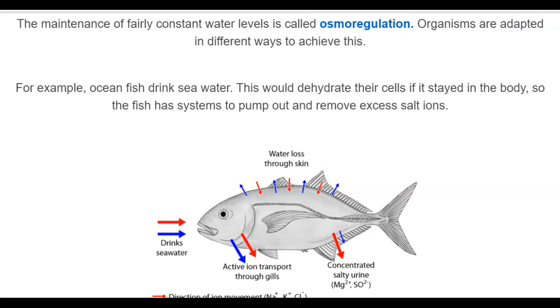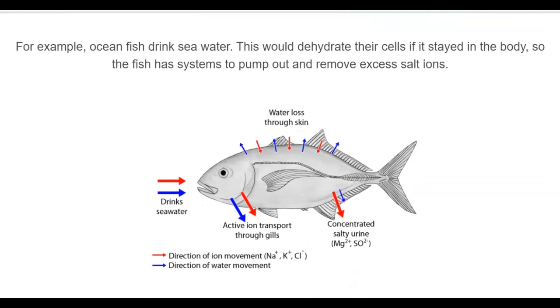This would dehydrate their cells if it stayed in the body, so the fish has systems to pump out and remove excess salt ions. So you can imagine if there's lots of salt water in here, then the water is going to pass by osmosis from the fish cells out. And that would not be good for the fish because it would dehydrate their cells.